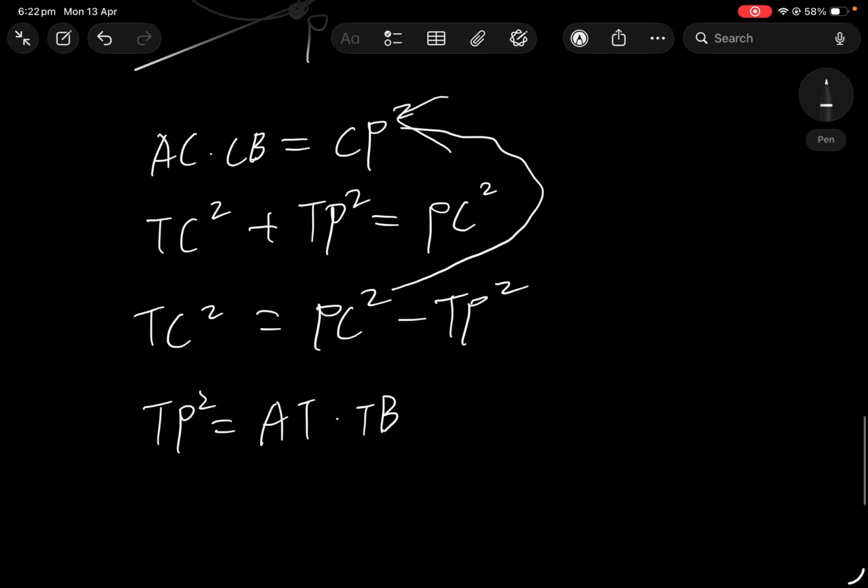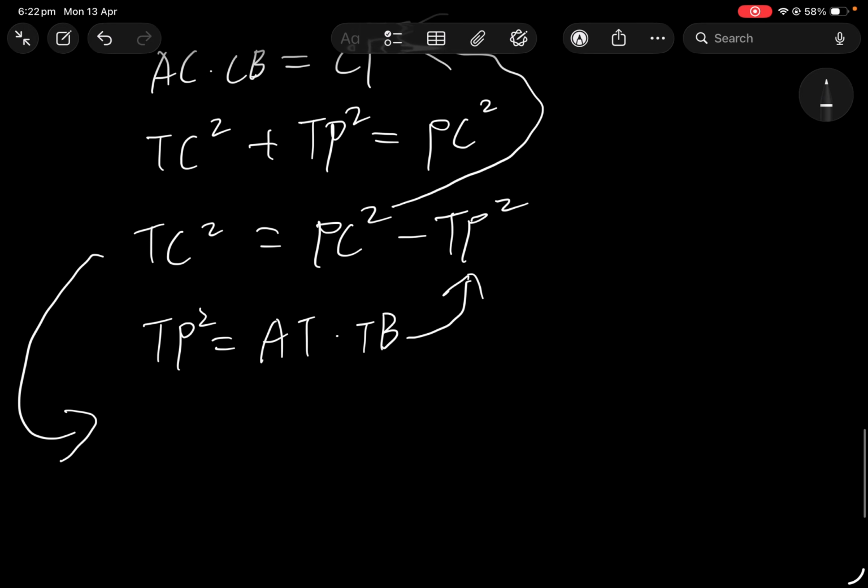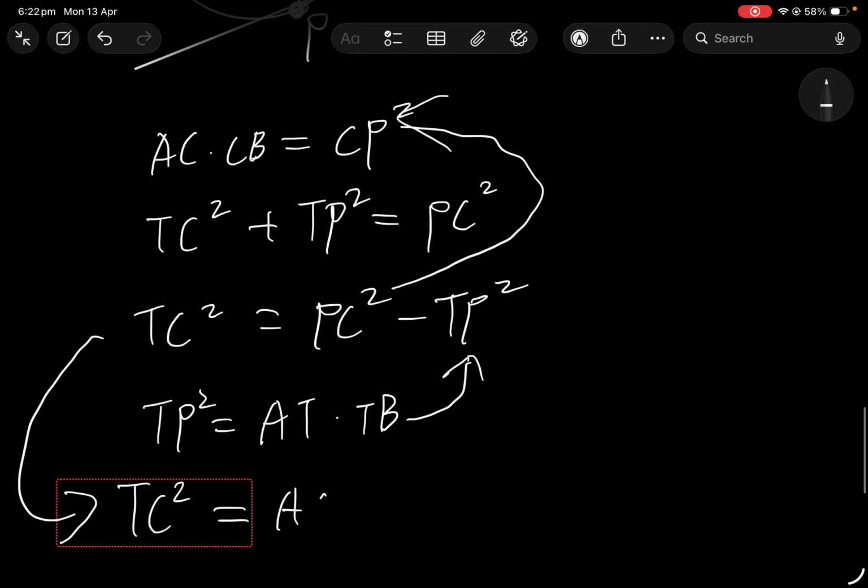So bringing this into here, we will make this equation into TC squared equals AC times CB from the first part, and then it will be minusing actually.